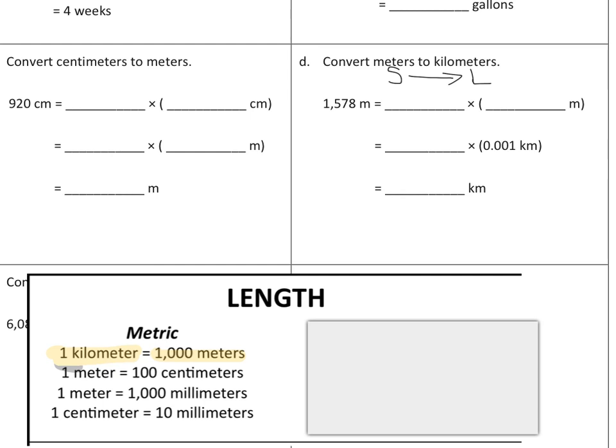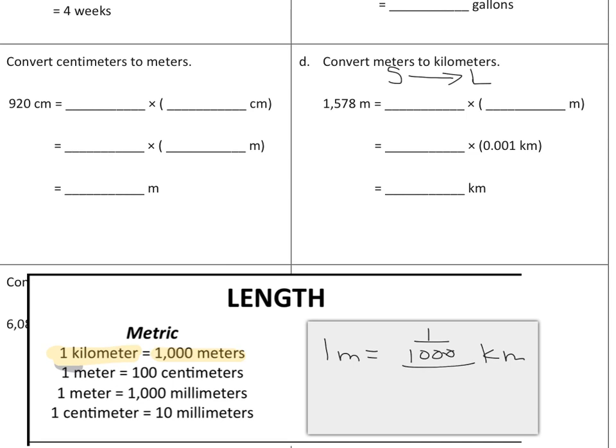So if you had 1 kilometer, you're going to have 1,000 meters in it. But if you flipped it and you say, okay, well, what is 1 meter as a kilometer? Well, it can't be 1,000. Once again, it's going to be a fraction, and 1/1000th of a kilometer is 1 meter.